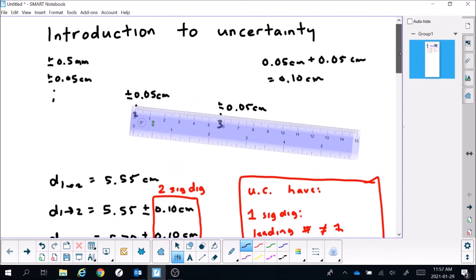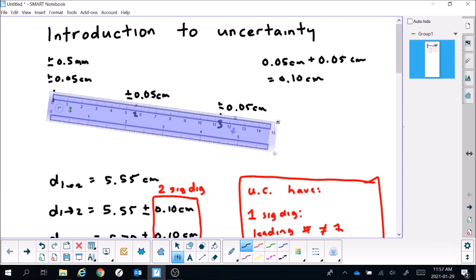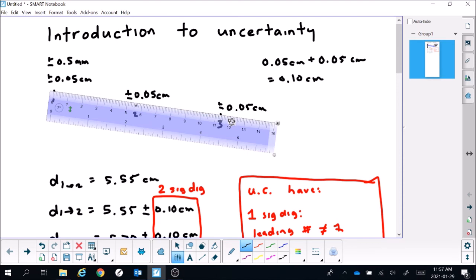centimeters. Now, you may ask the question, well, what if we just measure straight from 1 to 3? Because I'm making less measurements in total, I'm going to have less uncertainty. So if I look at this, I would say, okay, we're starting at 0, and this looks like we go to, it looks kind of in between the lines to my eye. I see 11.35.